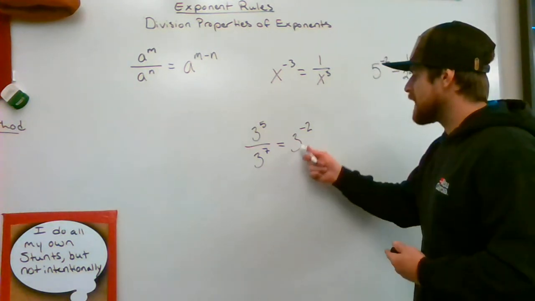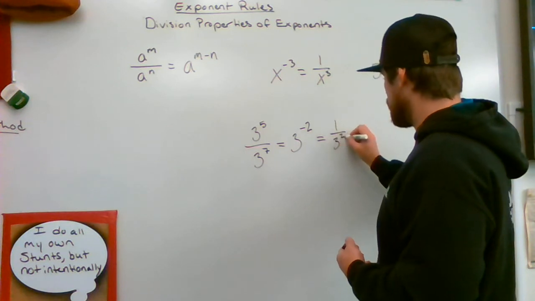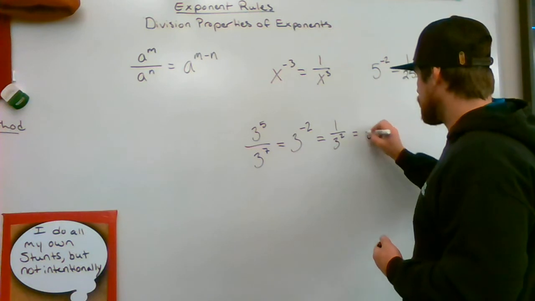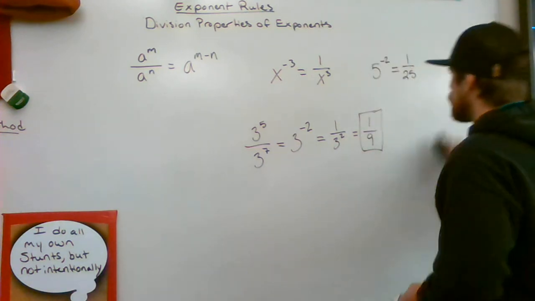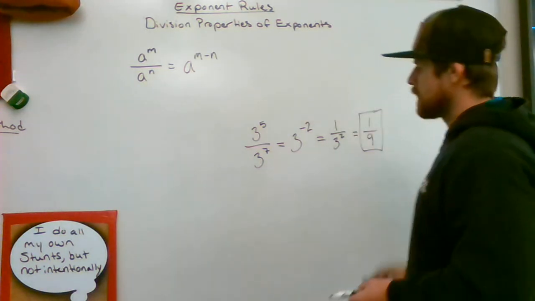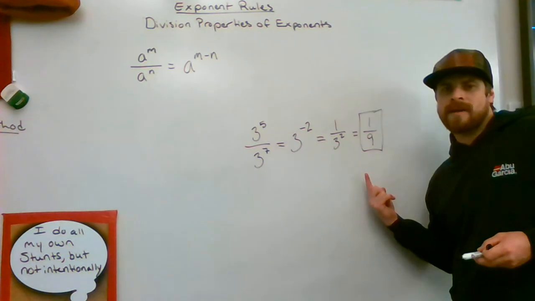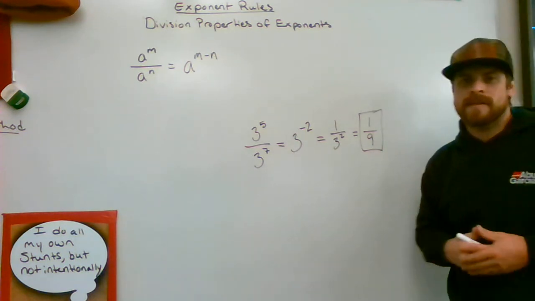And that means I'm going to take this and I'm going to put that information under 1, and 3 squared turns into a 9. So when we are looking at 3 to the 5th power divided by 3 to the 7th power, we're really talking about 1/9. Hopefully this all makes sense to you.